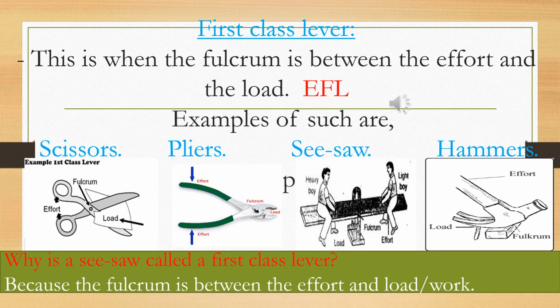Why is a seesaw, a hammer, a scissor called the first class lever? It's very simple, because the fulcrum is between the effort and the load. As simple as that. Once the fulcrum is between, then such a machine is regarded as first class lever.